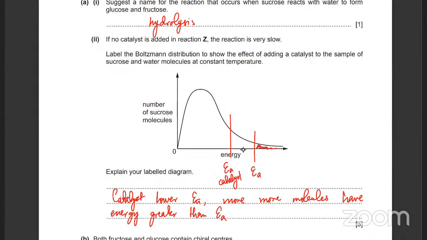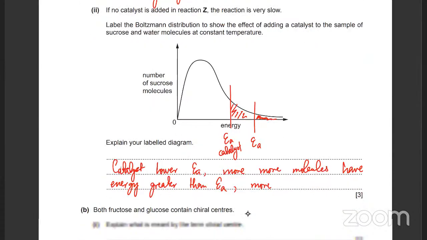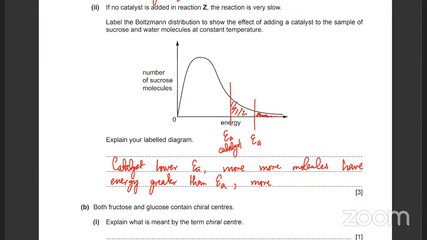Even these particles are now able to take part in the reaction. They'll have vigorous collisions and the reaction will be successful. So more molecules have energy greater than activation energy, and the frequency of effective collisions increases.